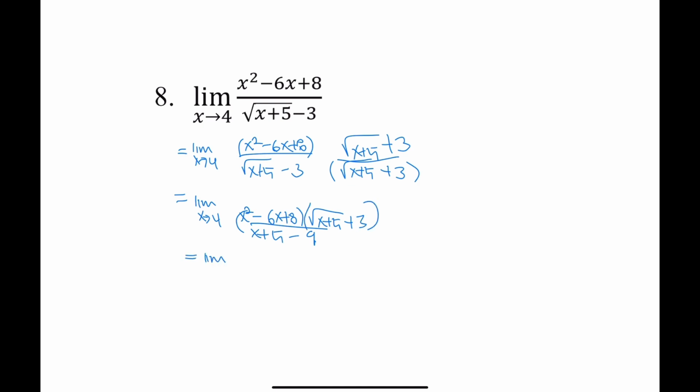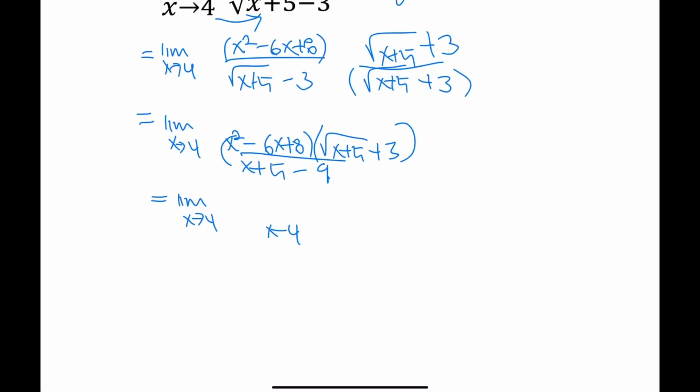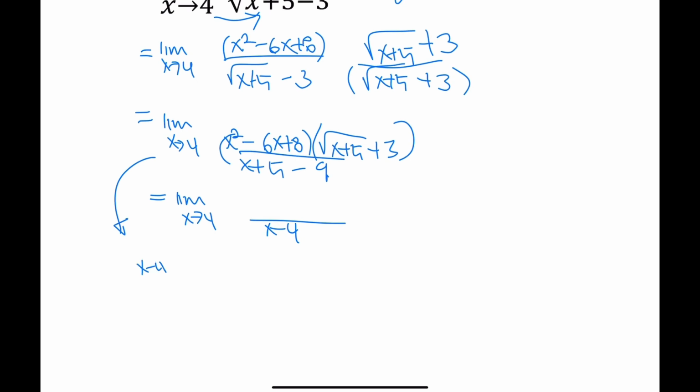Or limit as x approaches 4, x minus 4. Okay, and I forgot to do this in the first step, but make sure you plug in every single time. If you plug it in, you get 0 over 0. Okay? And then you get x minus 4 over, and you can try to factor this, right? You can do x minus 4 times x minus 2, right, to get the polynomial.